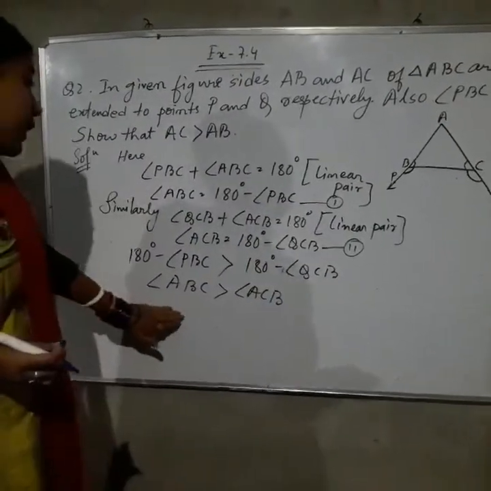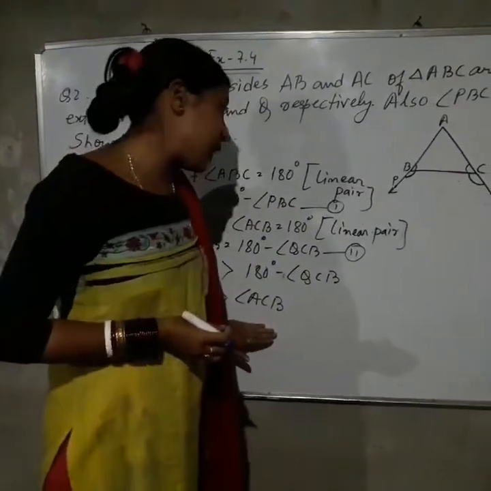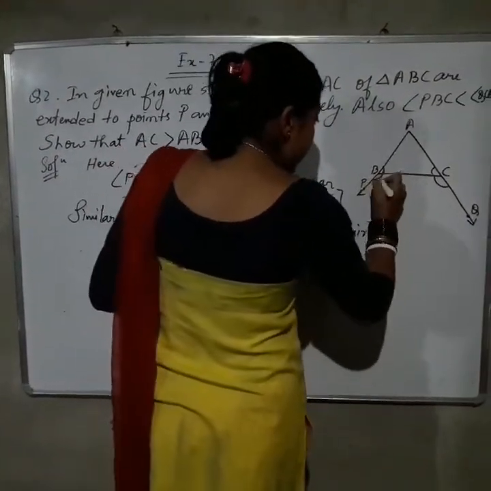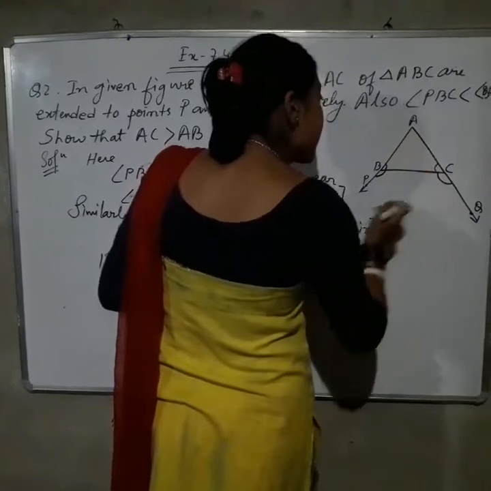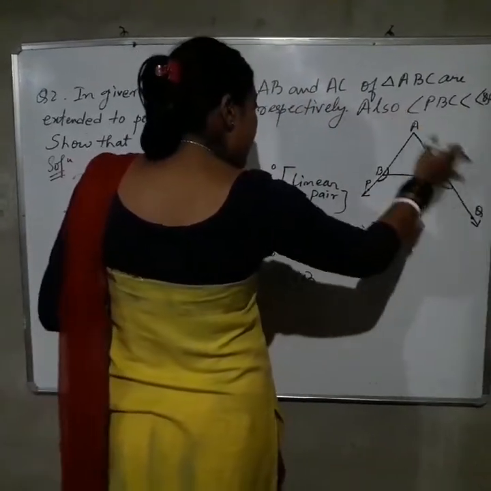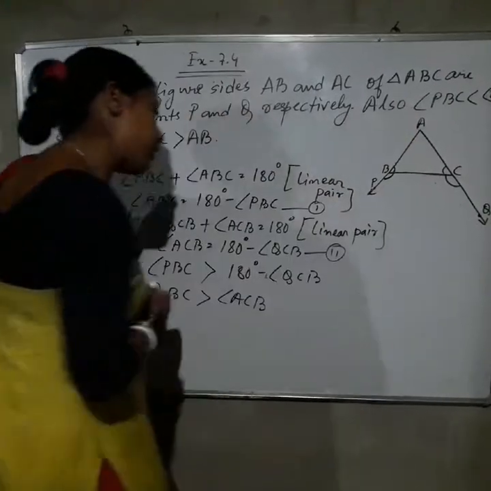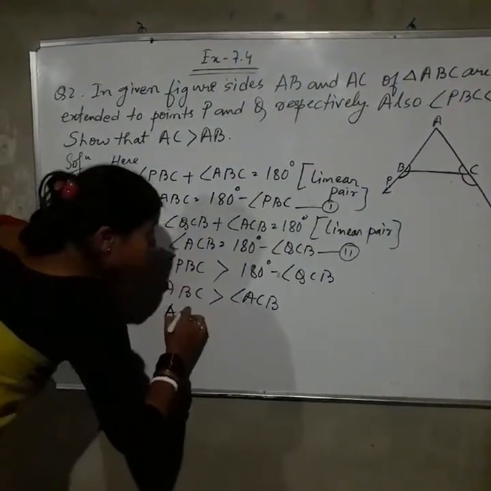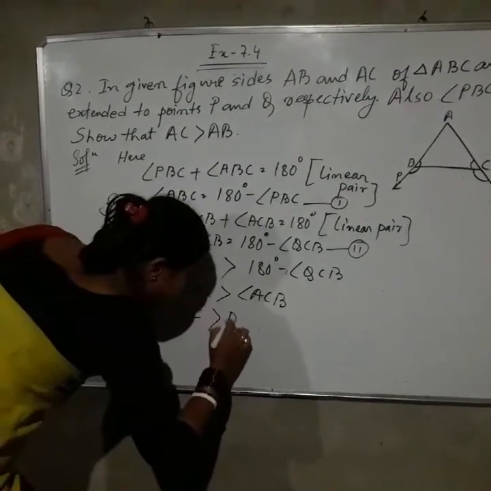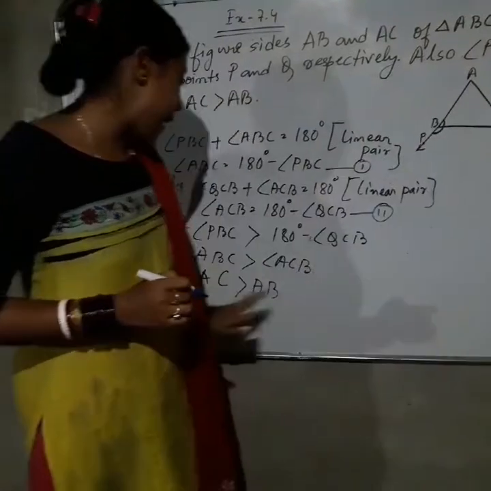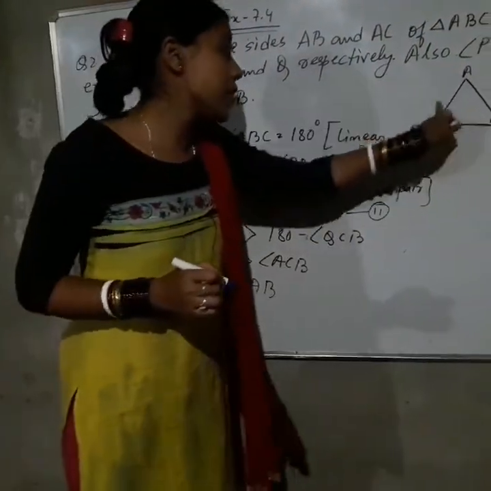Since angle ABC is greater than angle ACB, the side opposite to angle ABC is AC, and the side opposite to angle ACB is AB.